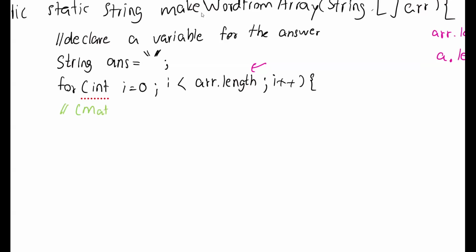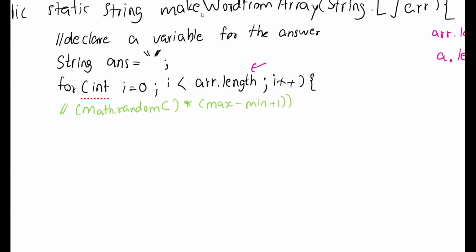You need to use the Math dot random function. The random function will return a double, which means there's a decimal. It will return a value between 0 and 1. But to use it, you need to multiply by max minus min plus 1.